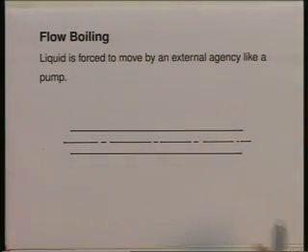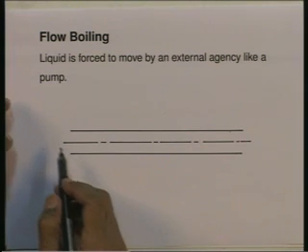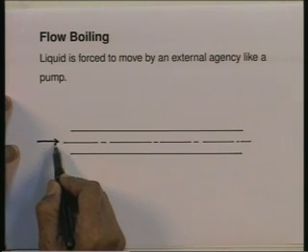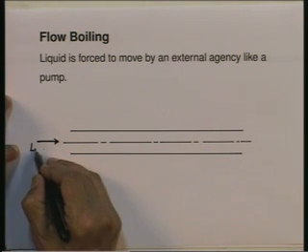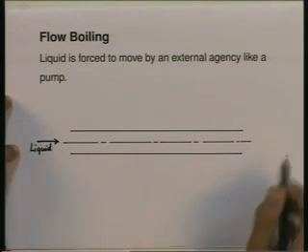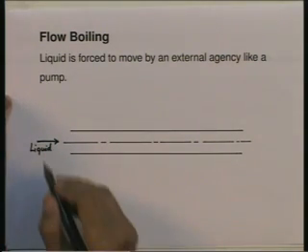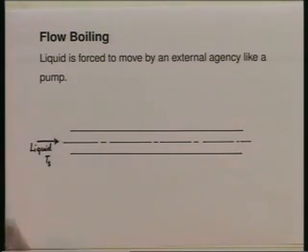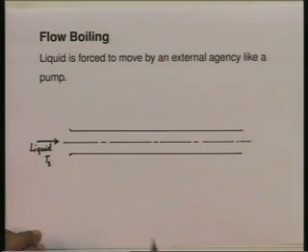And liquid, let us say from the left hand side, liquid is being forced through this tube. Some pump is used to pump the liquid through this tube, and the saturation temperature of this liquid is T s. It is at a certain pressure P s, and corresponding to the pressure P s, the saturation temperature is T s.